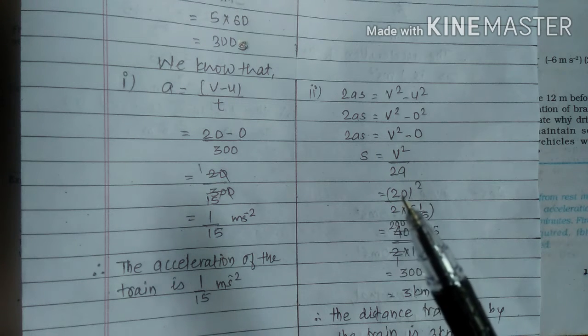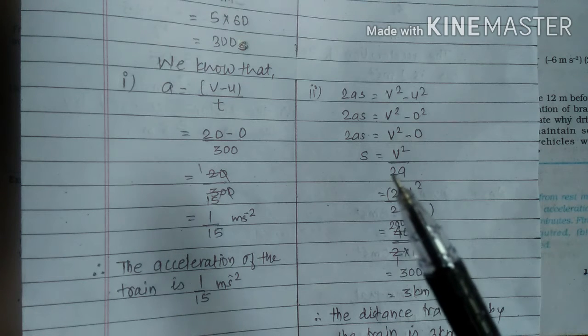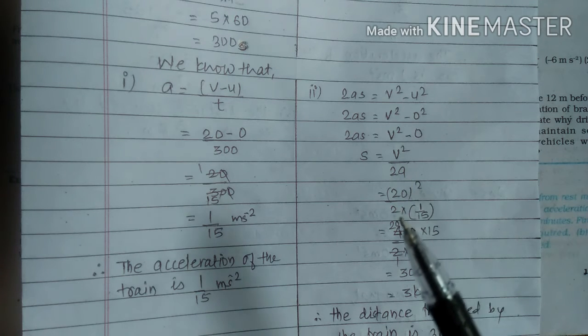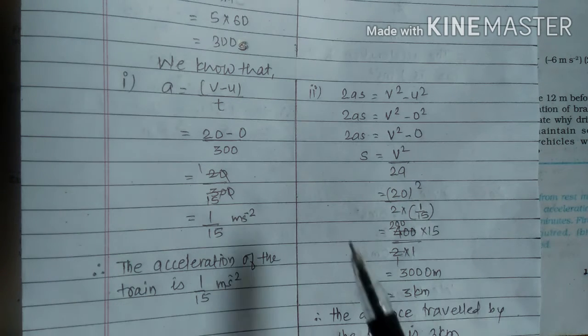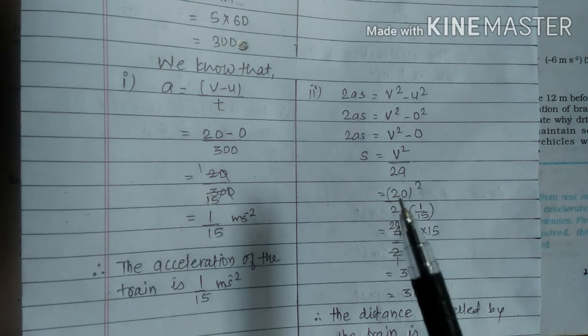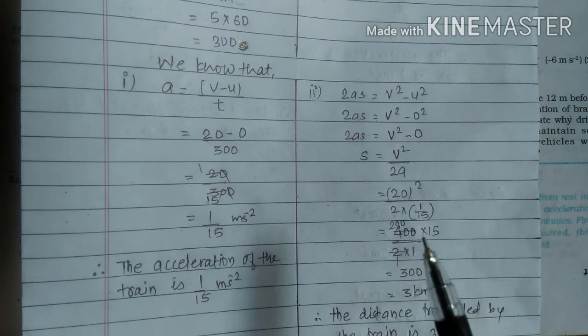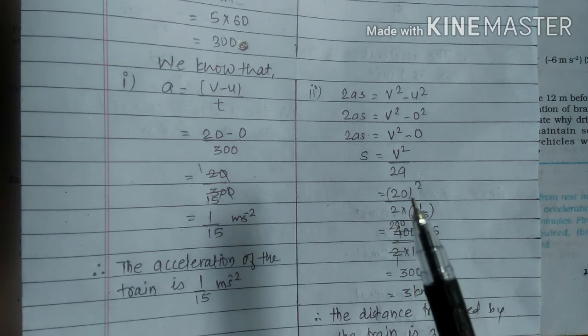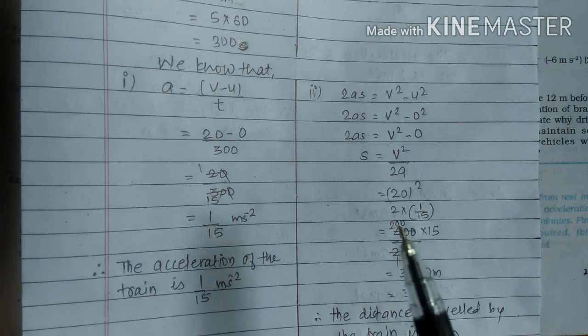Now v is 20 square, upon 2 into a, that is 1 upon 15. 20 square is 400, into 15, upon 2.